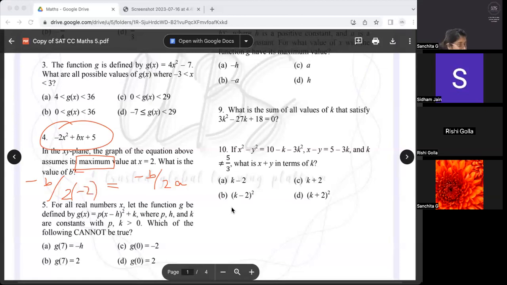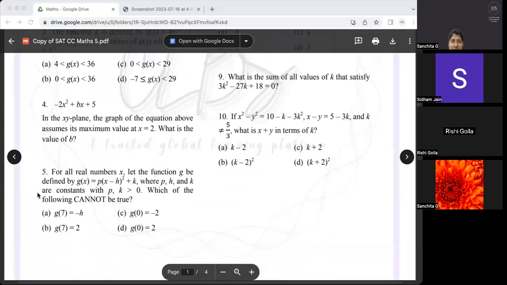Minus B by -4? -2. Correct. So my denominator is -4 is equal to 2, right? So this cancels out and B is 8. Very easy question. But if you are not aware of the technique, difficult question.